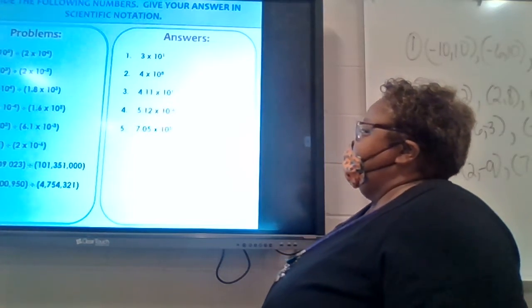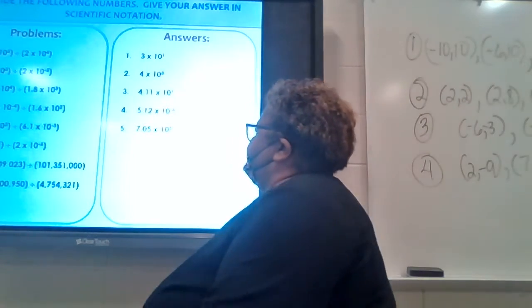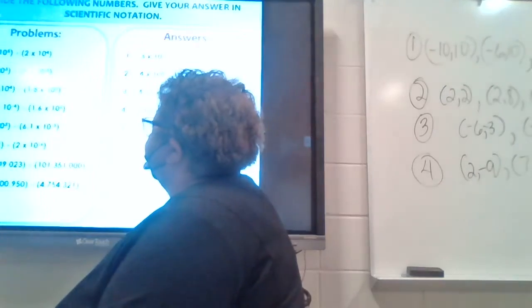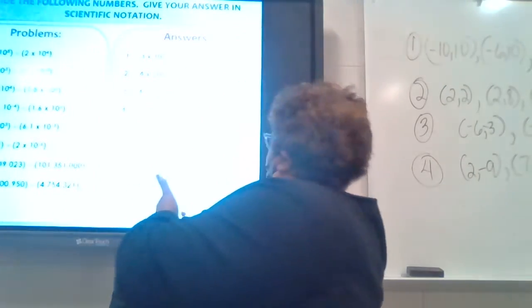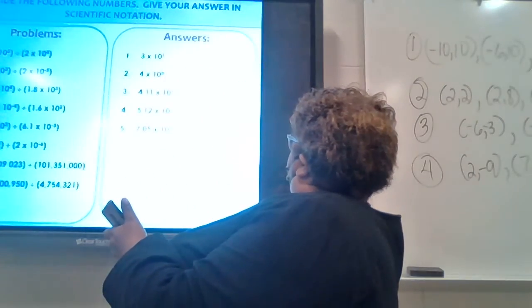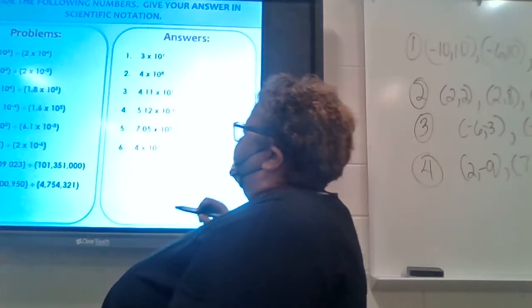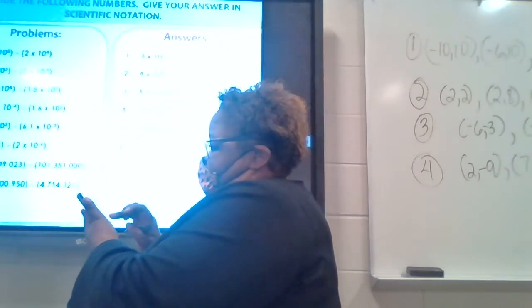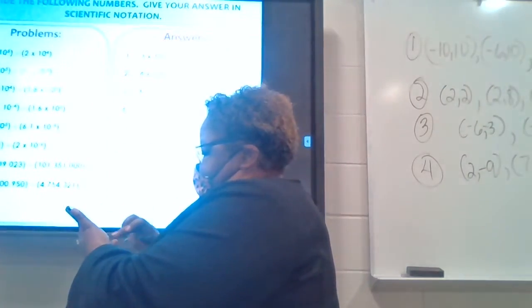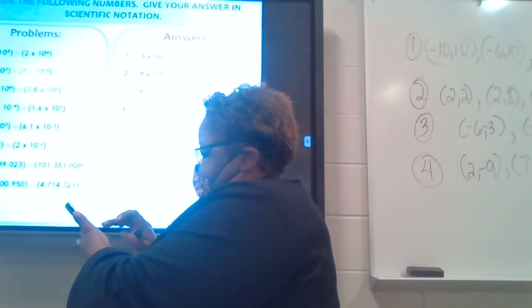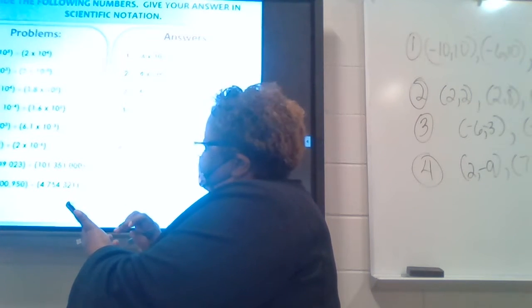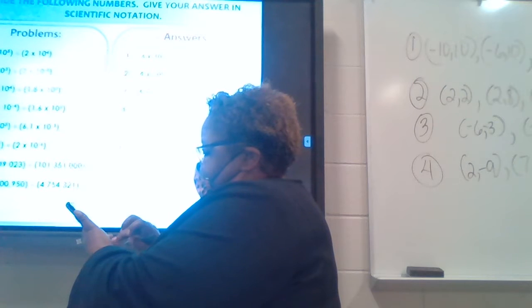Oh, let's look at number 5 because I see something interesting. Okay, so 5 is 4.3 divided by, let me clear, 4.3 divided by 6.1.